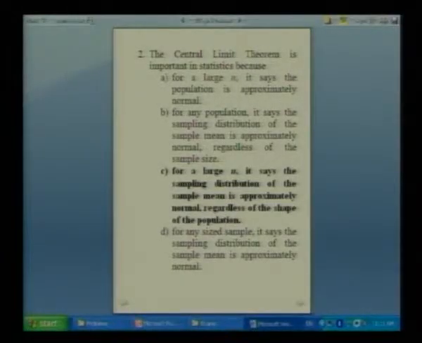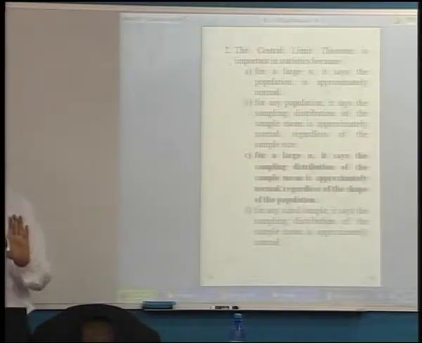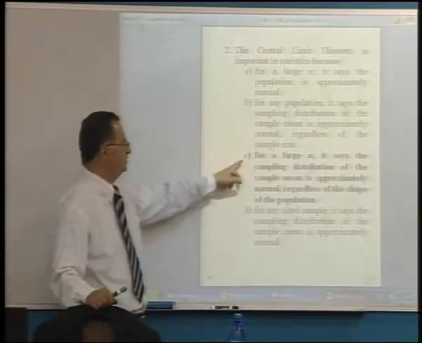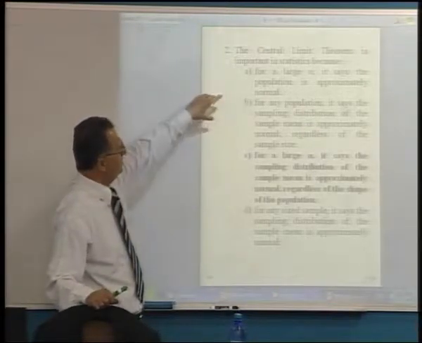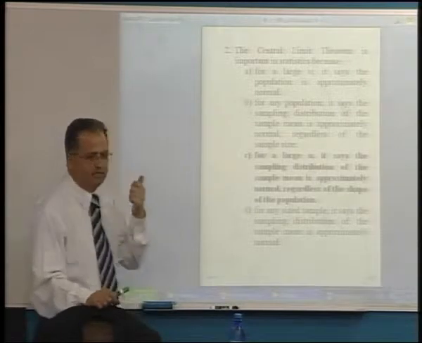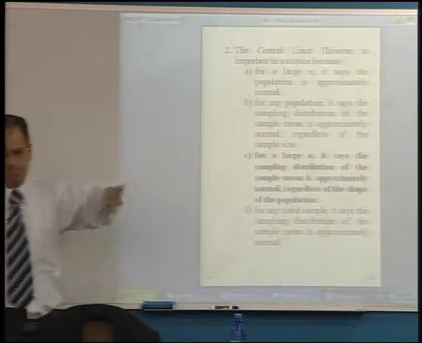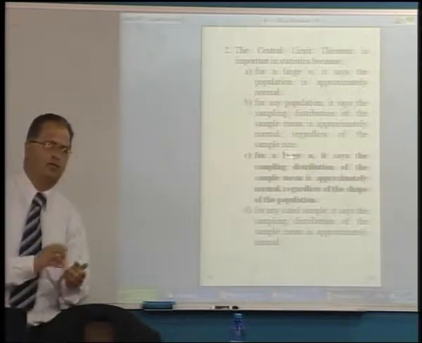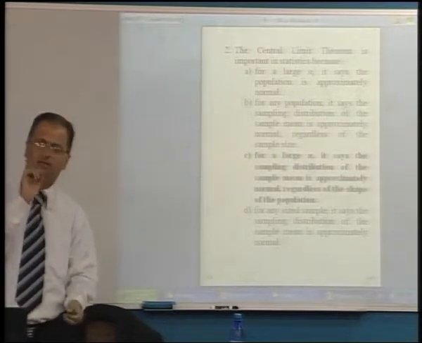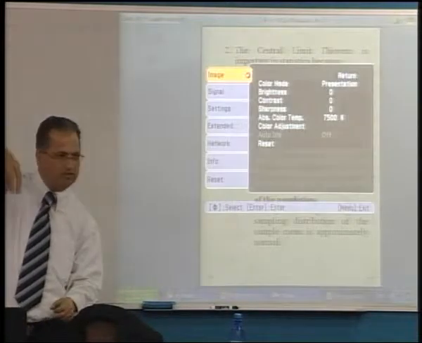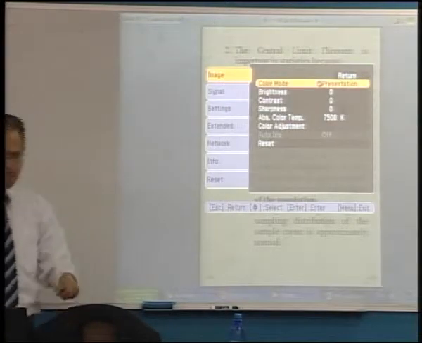the central limit theorem is important in statistics because, we have 4 choices. Let's see why C is correct. Part A says for a large n, the population is approximately normal. We cannot say the population is normal. The sampling distribution of a statistic is approximately normal.